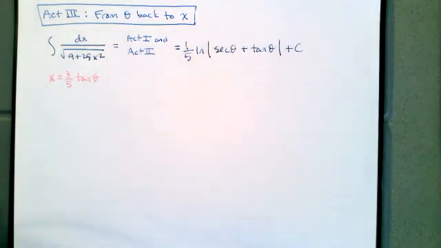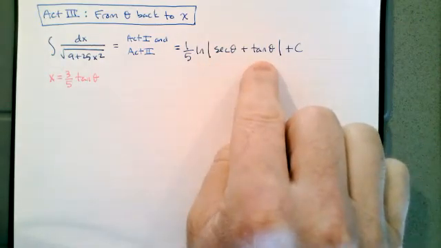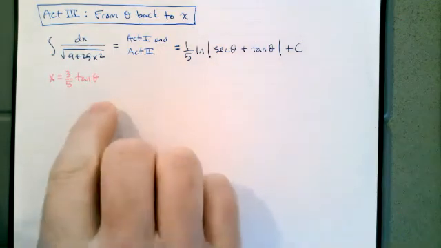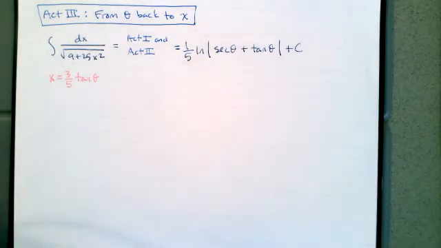We need to get our antiderivative in theta into an antiderivative in x. So here's what we need to do. Notice that one of the theta terms in our antiderivative in theta is just the tangent. And I can solve for the tangent pretty easily. If x is 3/5 tangent theta, that's my original substitution, I can solve for tangent of theta and get tangent of theta is 5/3 x. So that's where we start.